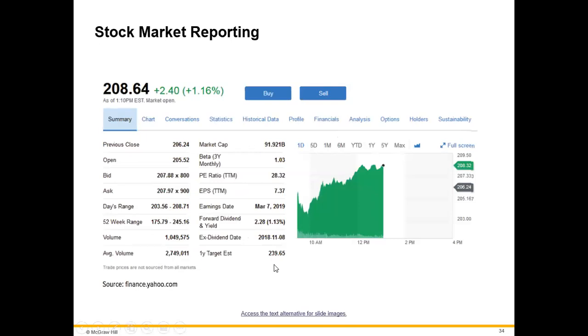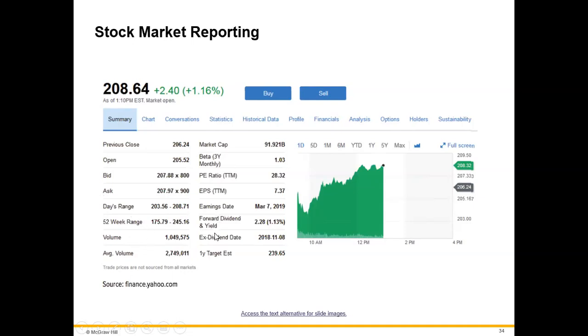So here's our stock market reporting, our quote. Take a look, the previous closing date, so that's what the stock closed at. That's what it opened at. Here's our bid and ask. The day's range, where the stock went during the day, 52 weeks out, where it went from 52 weeks ago, lowest and highest, I believe that is, the volume of stock that has traded, the average volume that trades.